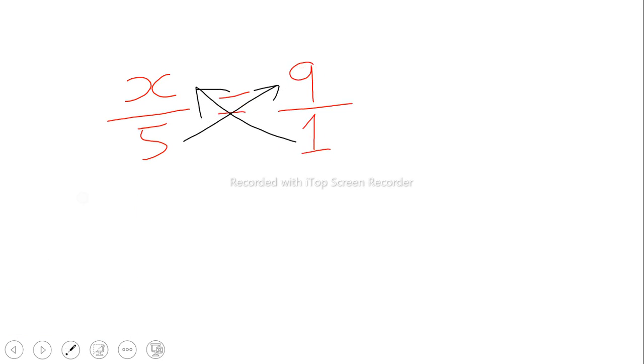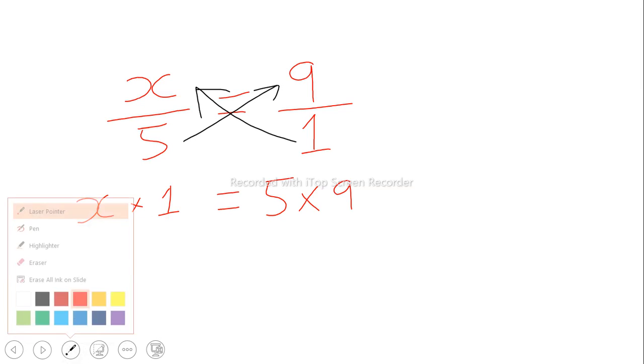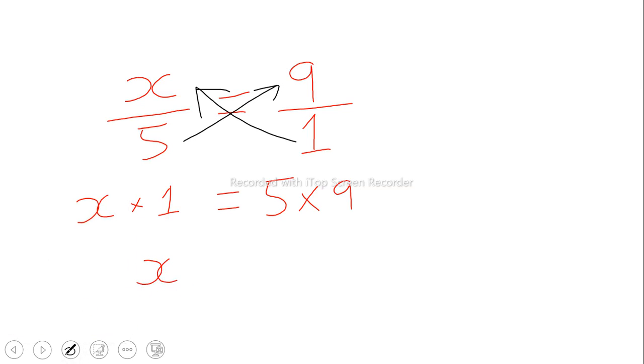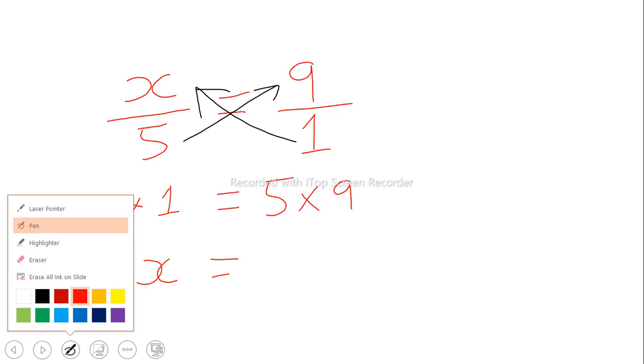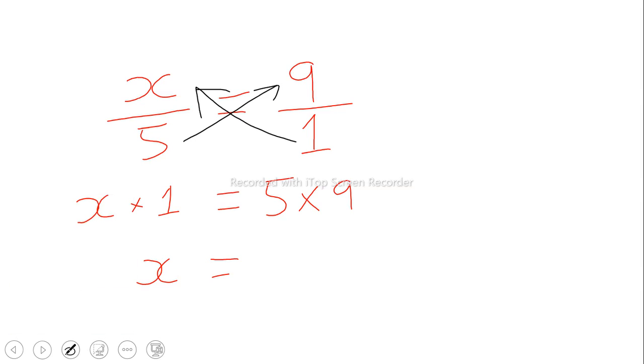And so it's going to be x times 1, which is 1x, and we're going to have 5 times 9, 45. Now what is x times 1? 1x. Simply x. Remember, anything times 1 is itself. What is 5 times 9? 45.